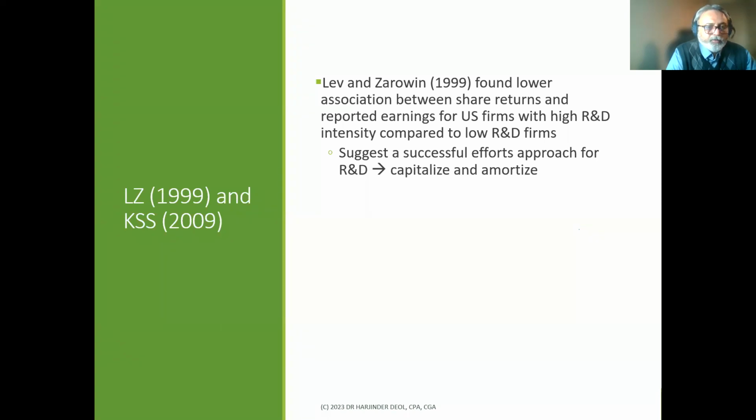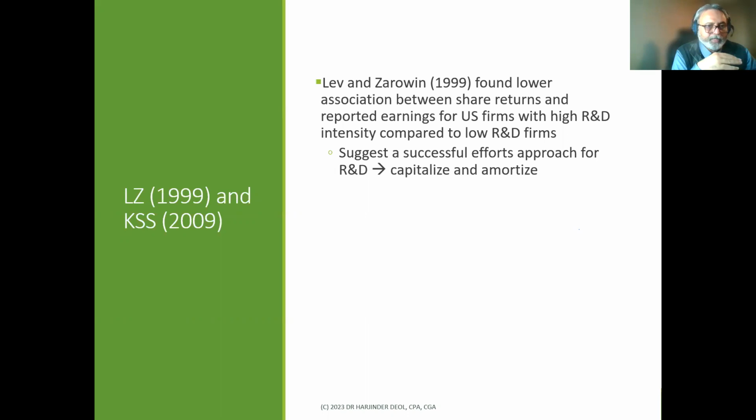And they said, rather than requiring companies to expense their research and development costs, we should allow companies to capitalize R&D costs. So consider it, you're dealing with a cost. At the end of the day, it's a cost, right? So the cost will result in the consumption of some assets.